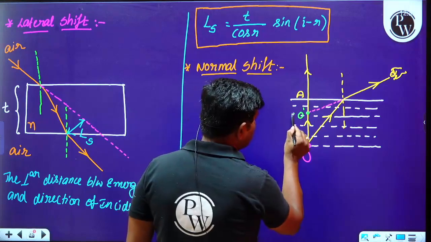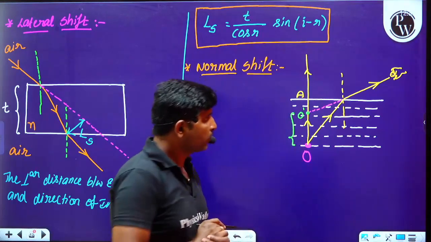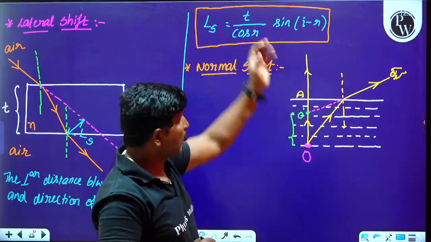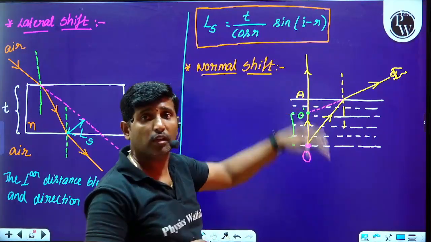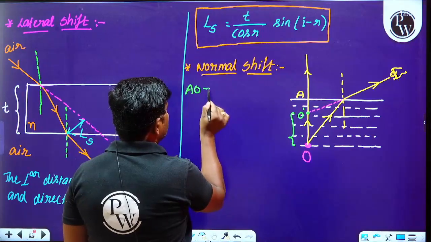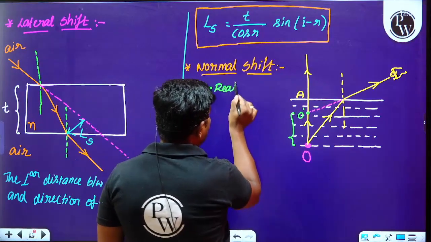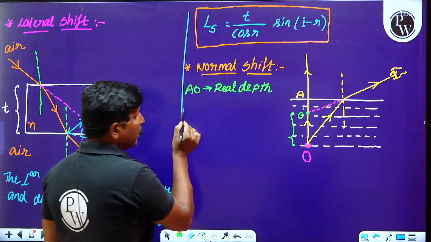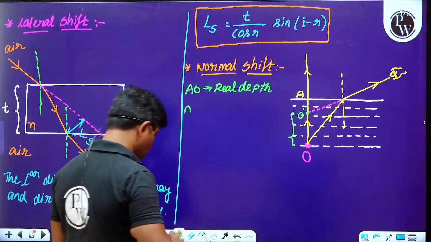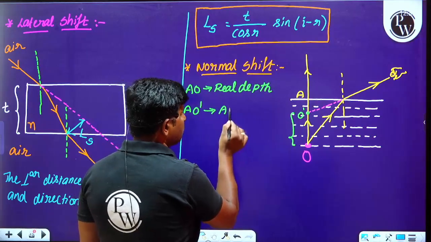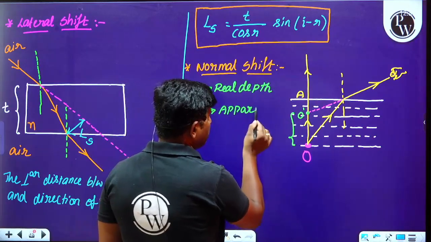Therefore, when we observe the object normally, it appears shifted to the position O dash. So AO is called the real depth, and AO dash is called the apparent depth.